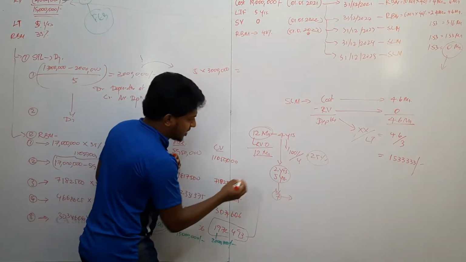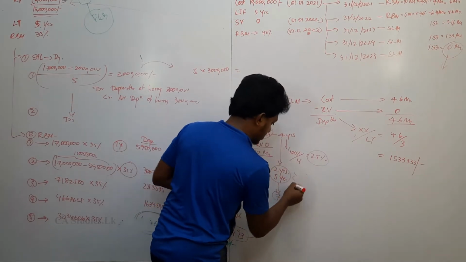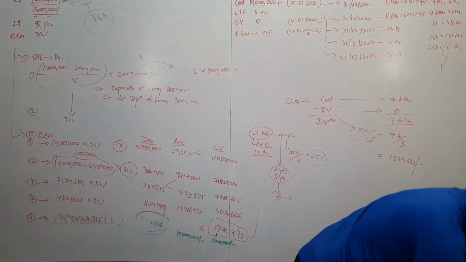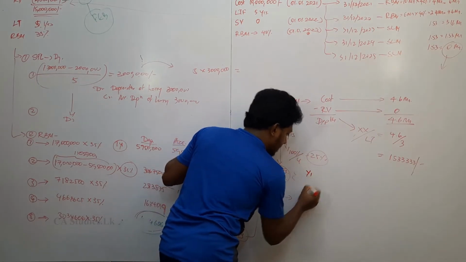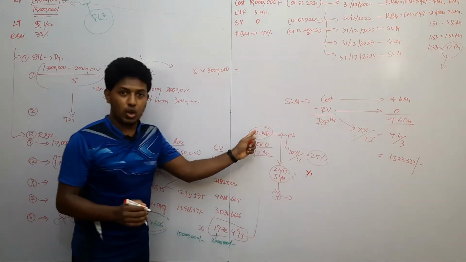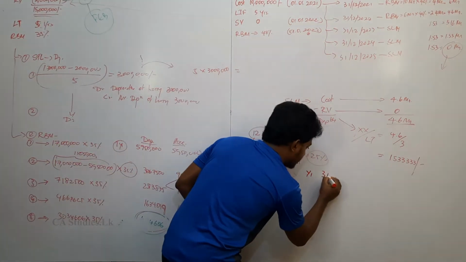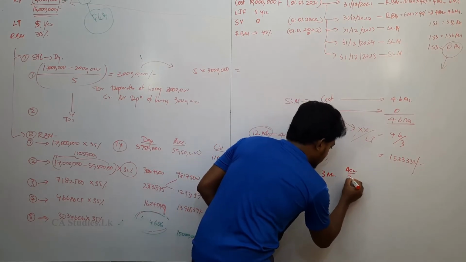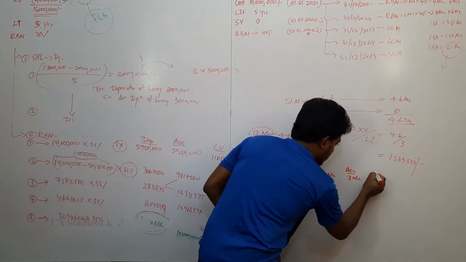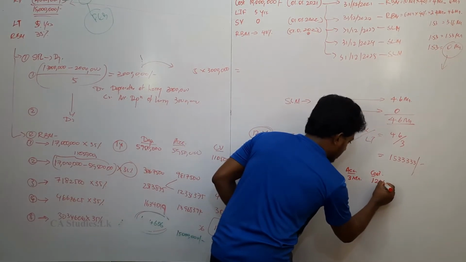So for the first 2 years: year 1 depreciation is 12 million divided by 4, 3 million, right? So accumulated depreciation is also 3 million. Cost is 12 million.